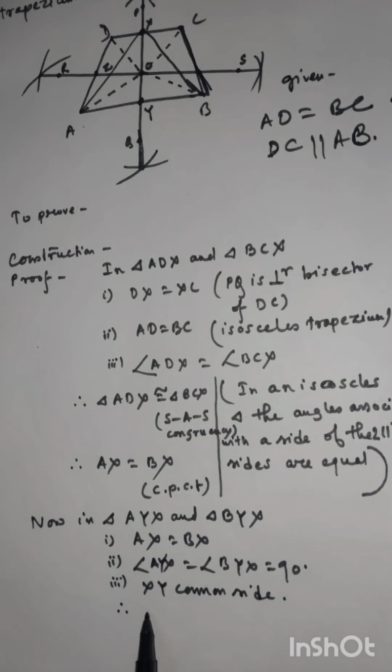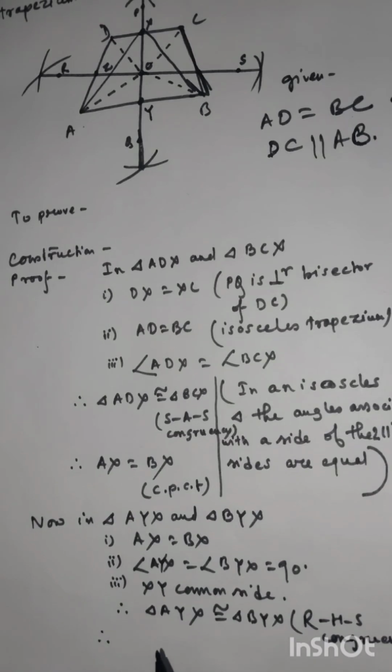Therefore, triangle AYX congruent to triangle BYX. RHS congruency.